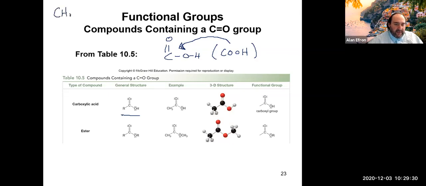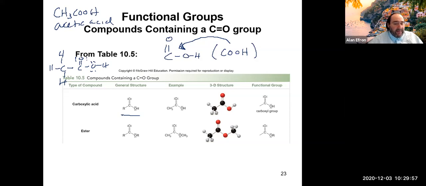So our good friend CH3COOH, that's acetic acid. And it basically is a carboxylic acid, a weak acid, as we've talked about many times here this semester. But this is really what we are talking about. This is an organic molecule, a major component of vinegar. This is acetic acid. This is a carboxylic acid because it has that group.